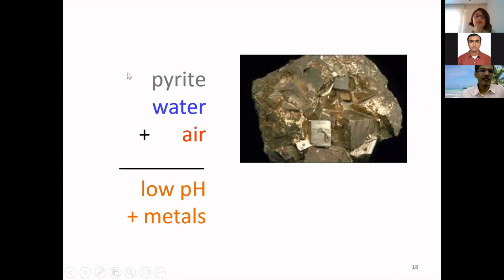We said that if we have sulfide mineral, and commonly we have pyrite, and when they are exposed to water and air, the result is low pH and metals.